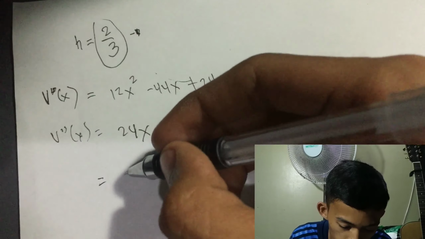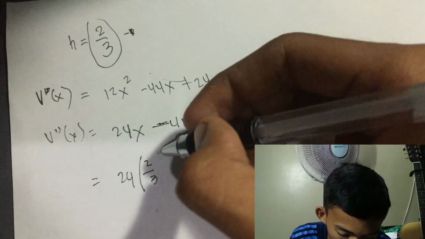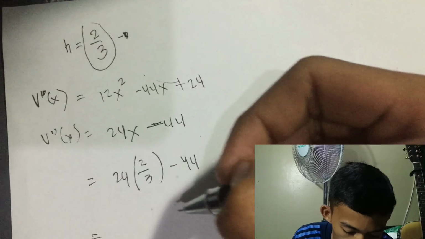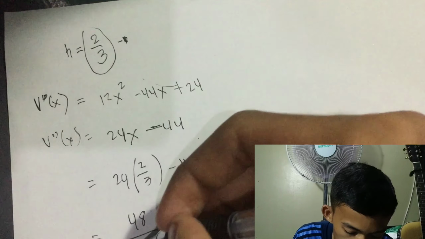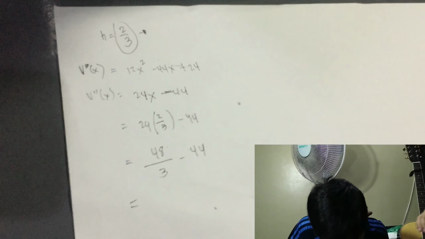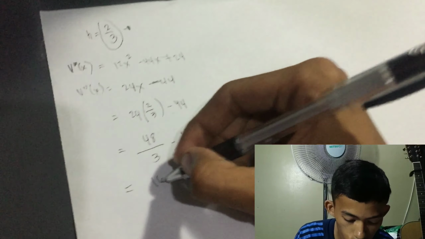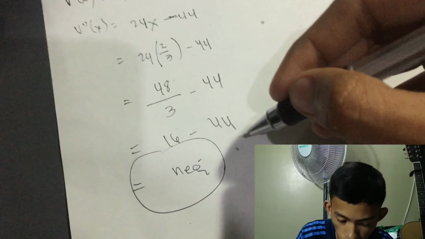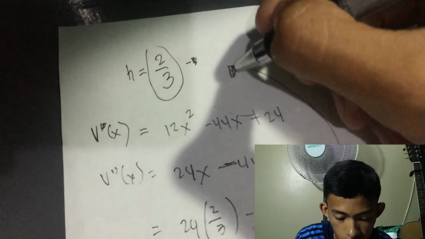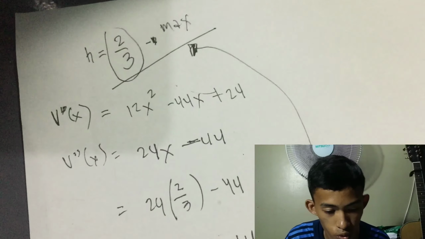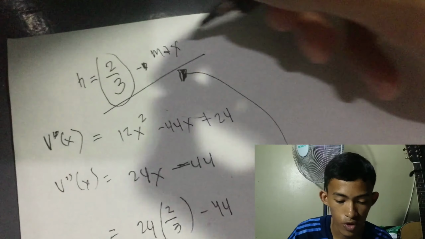So substitute 2/3: 24 times 2/3 minus 44. 24 times 2 is equal to 48, divided by 3 is equal to 16, minus 44. So the answer here is negative. Therefore our 2/3 is the maxima, and now it is correct because we found the greatest possible volume, or the maximum volume.